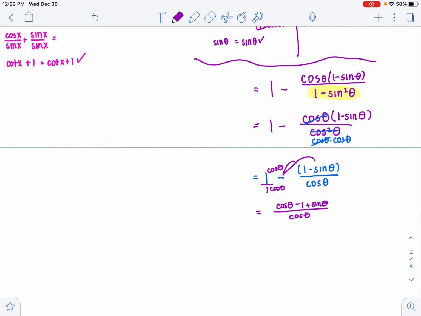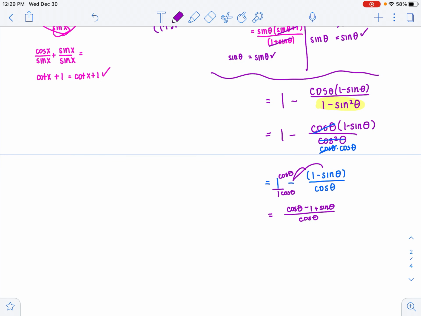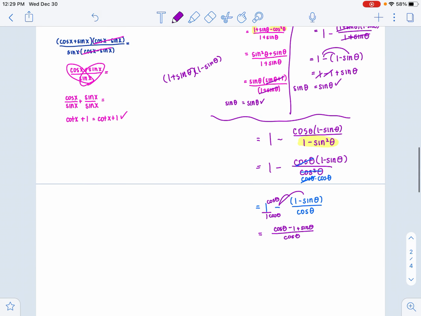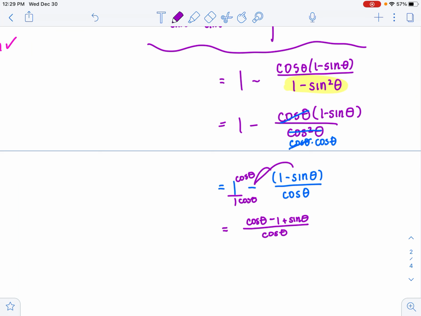I think I'm going in circles here. I might have made a mistake on this one somewhere. Let me try to find it. 1 minus cosine squared. Maybe I shouldn't have shown my third way. Well, I'll do the third one in class. But this way works out too. It has to. I made a mistake somewhere because there's no way that it wouldn't simplify to sine of theta. So I've got to figure out what I did wrong.